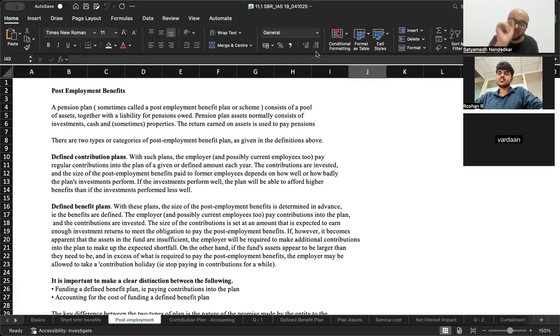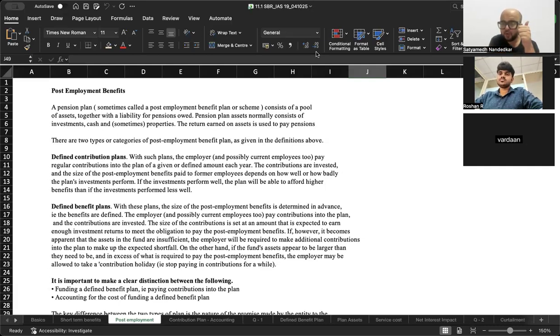So, in a defined benefit plan, the benefit promised is fixed. The contribution will change from year to year or month to month depending on the return on assets and economic conditions. Sometimes there could be certain changes in estimates. For example, the government increases the age of retirement from 60 to 62. That means now you have more time to accumulate the money. In that case, the contribution might go down.